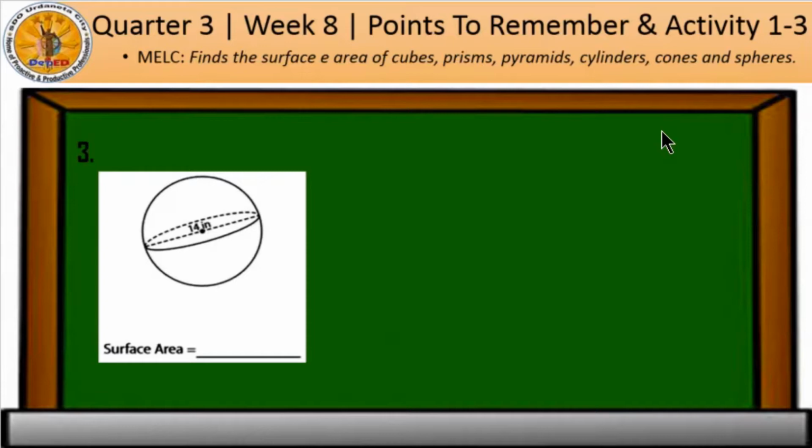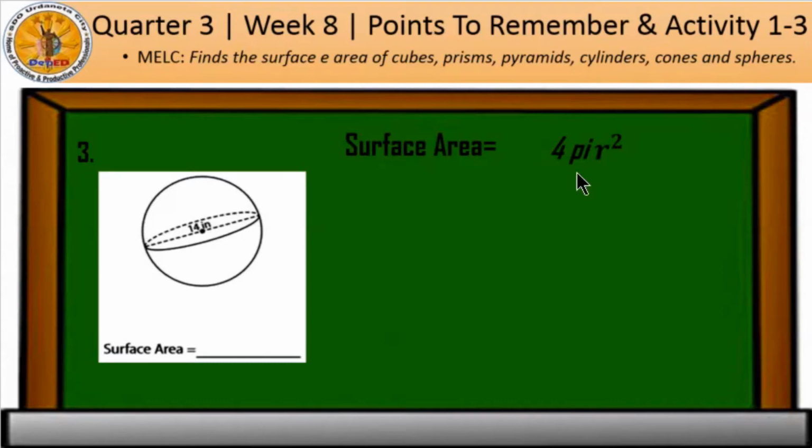Let us try to answer number 3 in activity 1. The given figure is sphere. And to find the surface area for sphere, we have 4 pi r squared. Based on our figure, the given is the diameter of the circle, which is 14 inches.